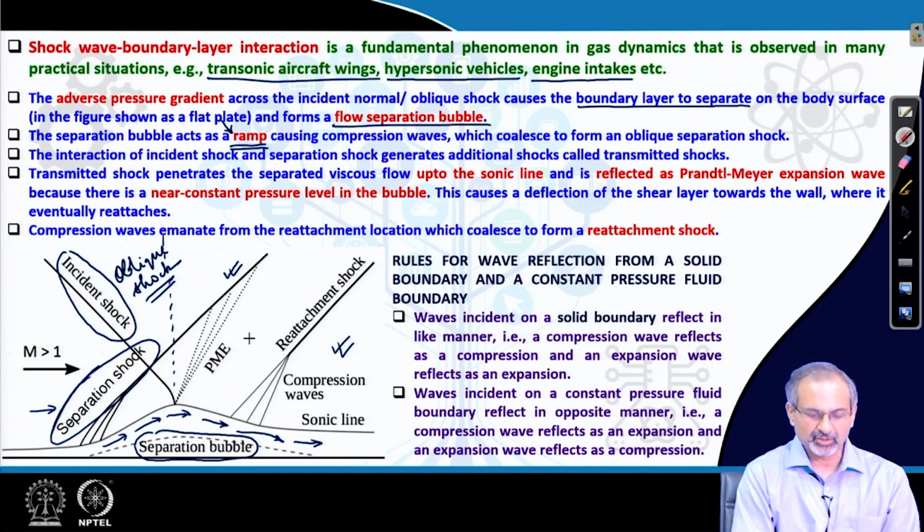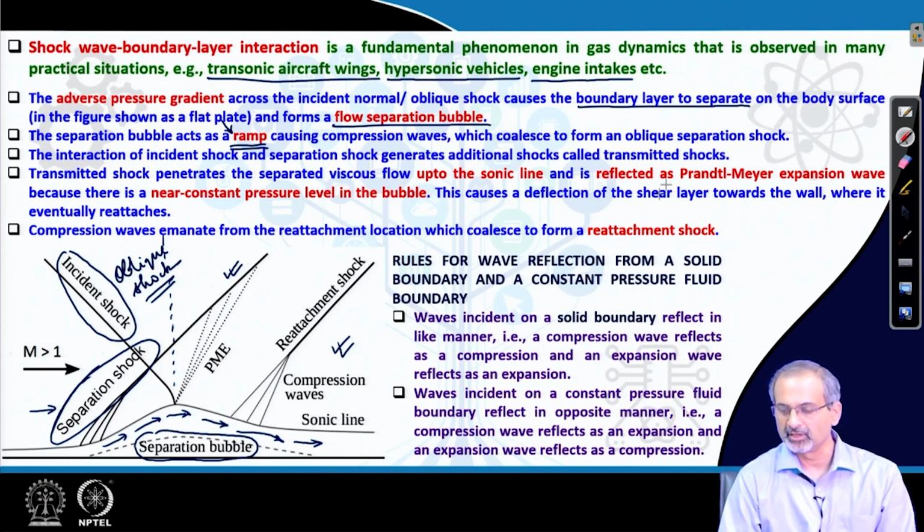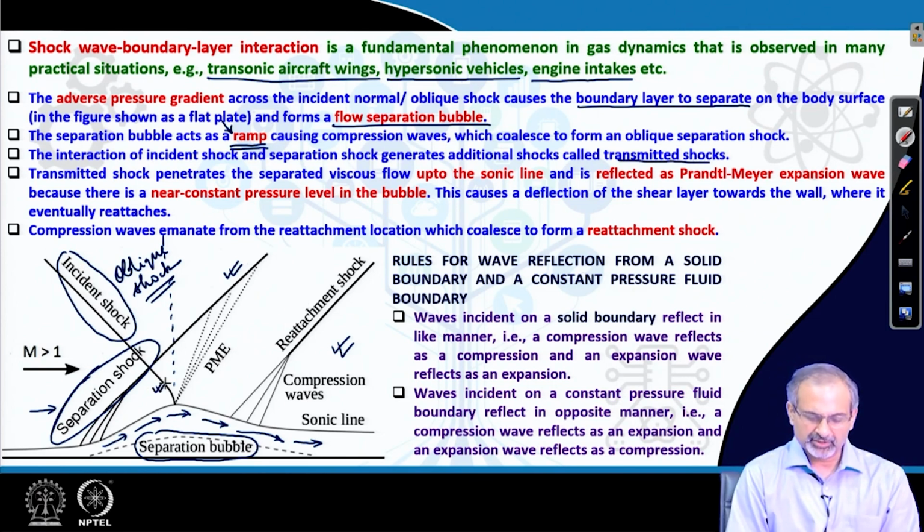Now, the interaction of the incident shock and the separation shock generates additional shocks, which we call transmitted shocks. So, one arm of that transmitted shock goes and interferes with the viscous layer, and the sonic line gives you the Mach 1 value. Below the sonic line, the flow further decelerates, it is subsonic.